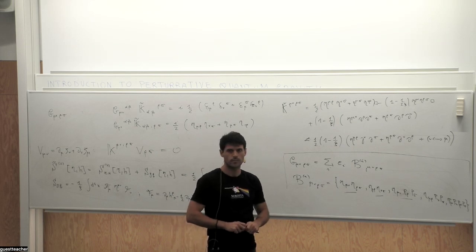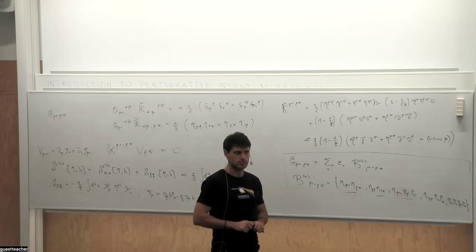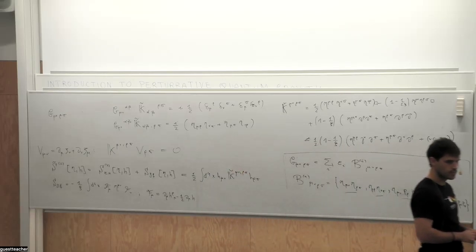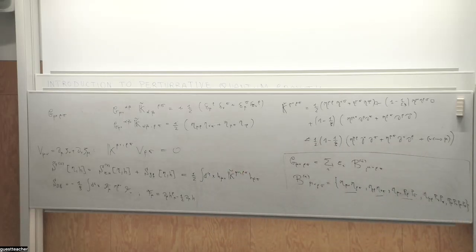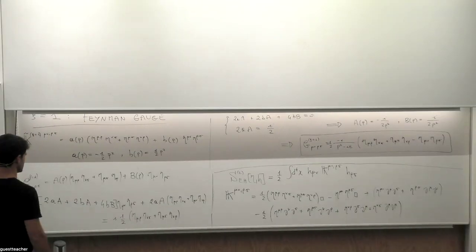Are there questions about this? Yes. If A equals minus 1 over p squared and B equals 1 over 2p squared, then 2A plus 2dA is supposed to be 0 already. Yeah.